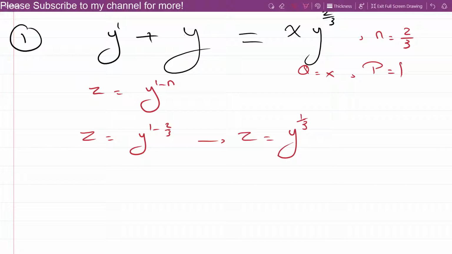And since we're going to replace y prime, we're going to differentiate. So dz over dx has to equal 1/3 y to the 1 minus 2/3 power, so the derivative of y to the 1/3, times dy over dx.